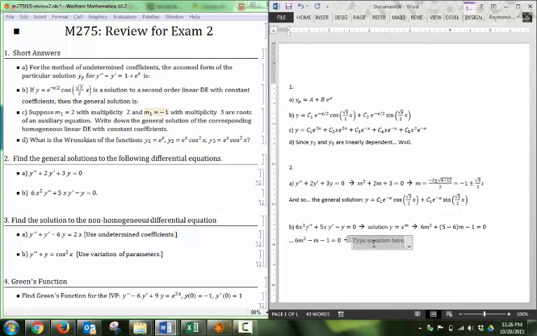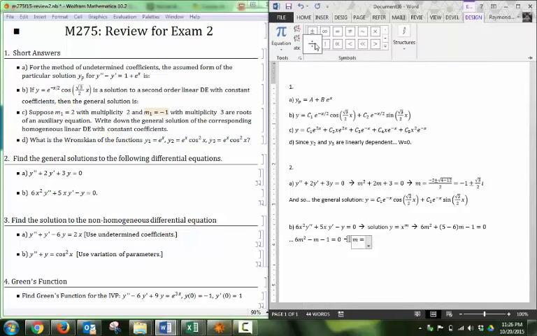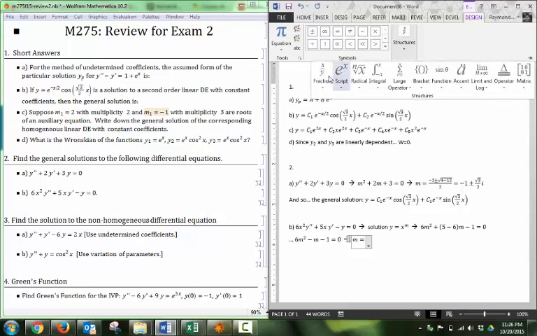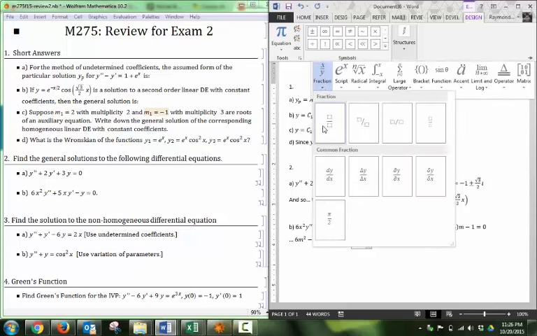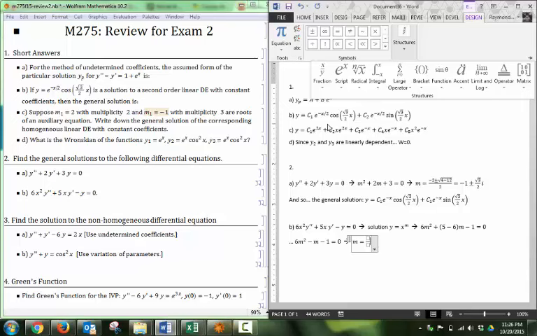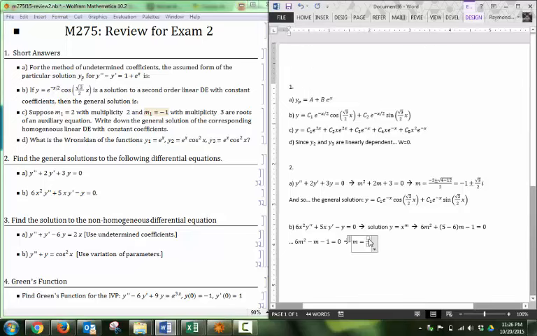So our quadratic equation says that our m is going to equal, and let's get this set up in a fraction. And we have negative b, so let's just call that a plus 1. B is equal to negative 1, so that's plus 1.